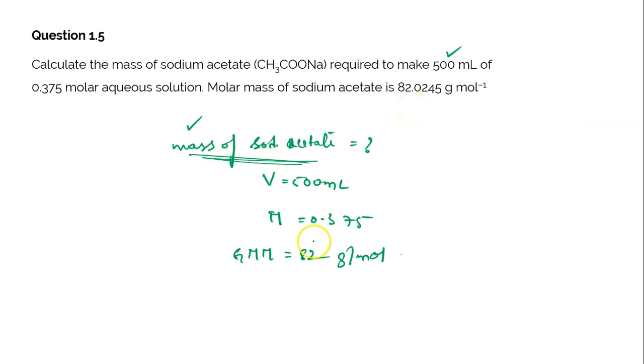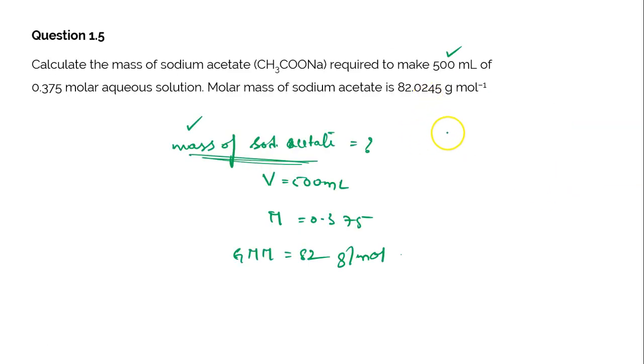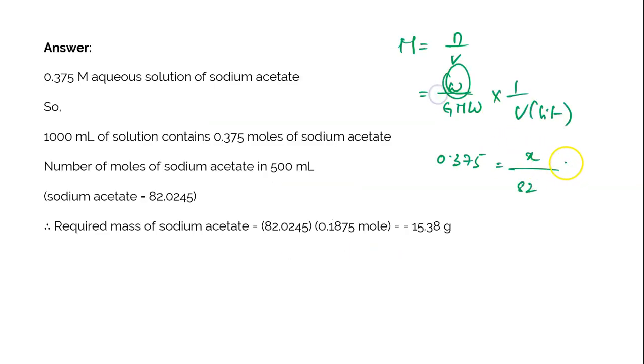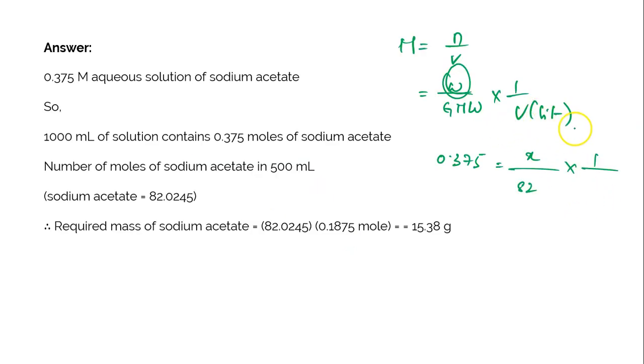But then you know what molarity is. Molarity is 0.375. So 0.375 is equal to X, which is the mass, which I don't know, divided by gram molecular mass, which is 82 point something, but I'm taking it as 82 here, into 1 by V. V is volume. Volume has been given in ml, but you have to take volume in liters. So I'm converting this into liters and writing 0.5.